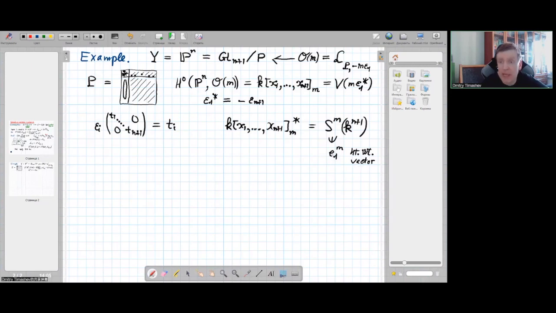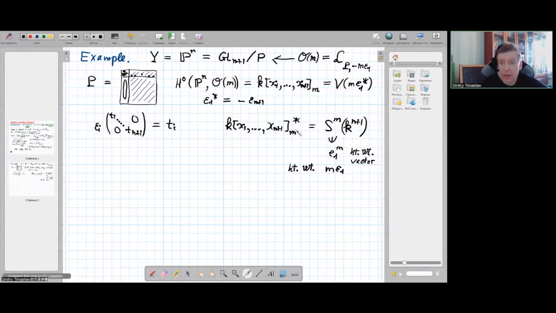I mean, the line spanned by this vector in this symmetric power is preserved by the action of the Borel subgroup. So this is the highest weight vector, and its highest weight is clearly m epsilon 1, because epsilon 1 is the weight of e_1 under the action of this torus.